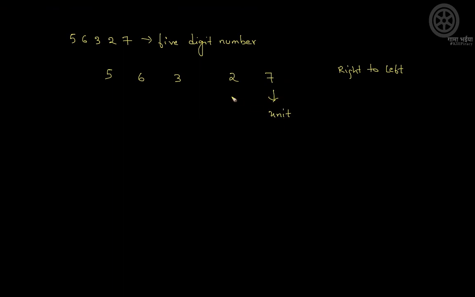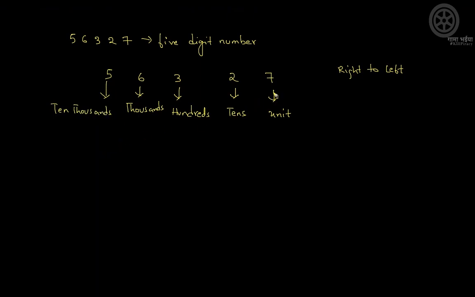The place is unit digit. What will this be? Tens digit, right? This will be hundreds digit, right? This will be thousands. This will be 10,000, right?